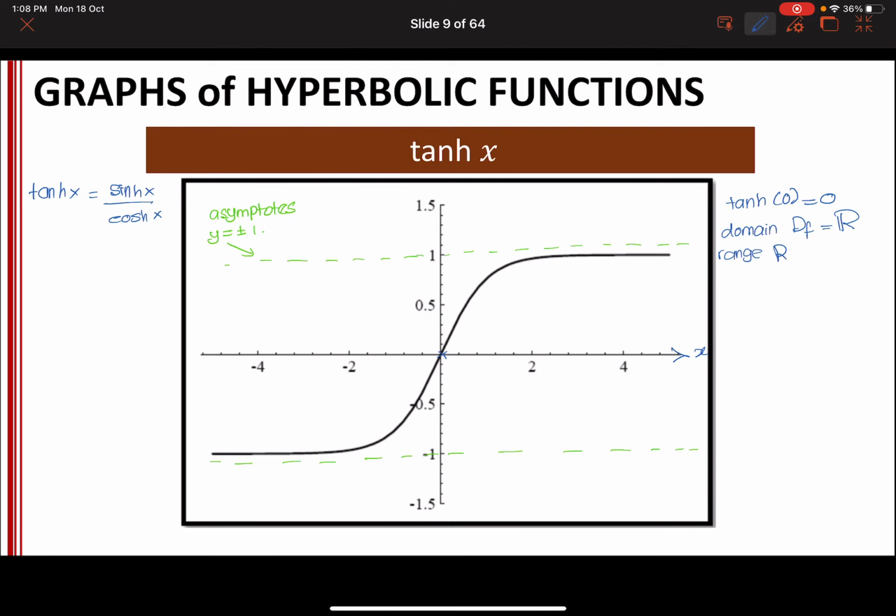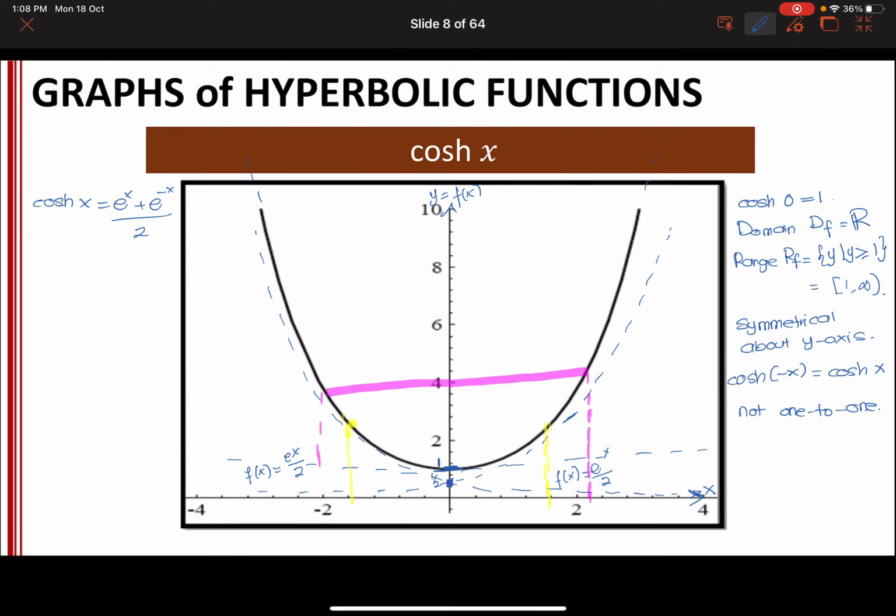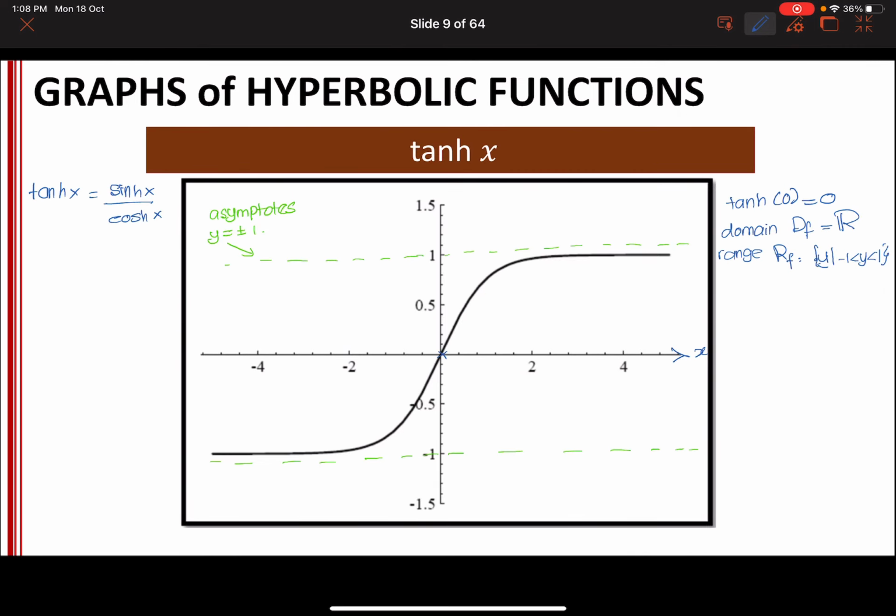So your range R_f is y such that y is between negative 1 and 1, but does not include 1. It will not achieve negative 1 and 1. If you see for cosh just now, it does include 1, but for tanh, it does not include 1. And you can see that it is symmetrical about the origin.